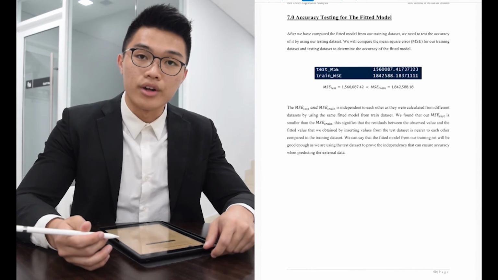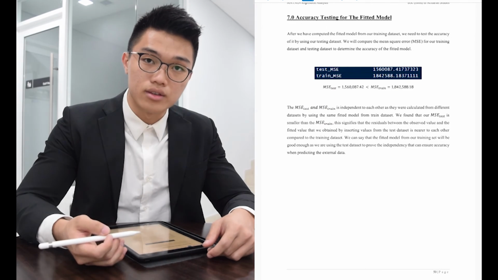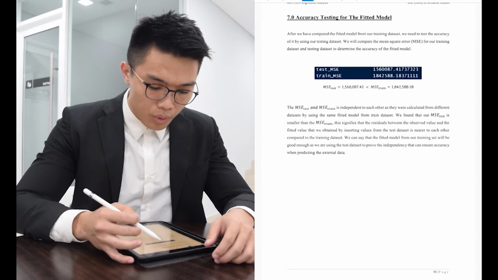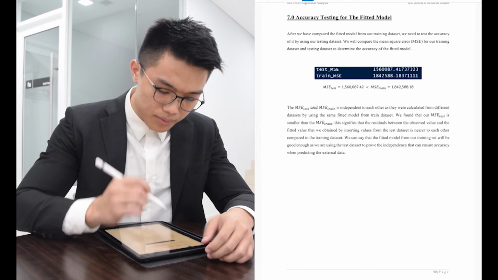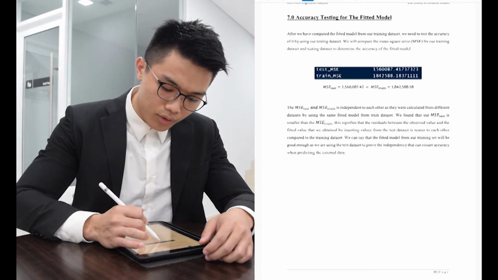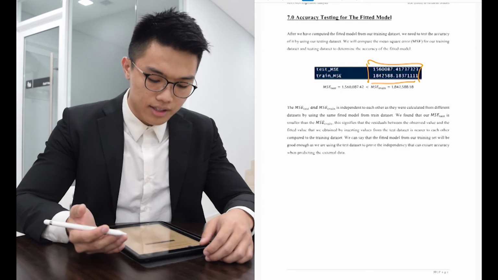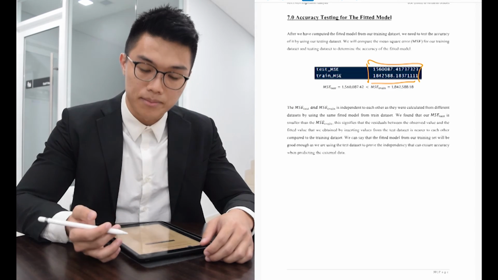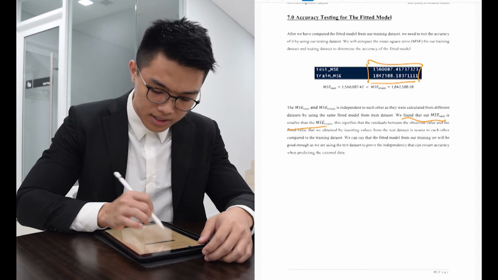Now I'm going to talk about the accuracy testing for the fitted model. To test whether our fitted model is accurate or not, we are using external data, which is the testing set. When we use the testing set for our fitted model, we found that the MSE for the testing set is 1.5 million and for the training set, it is 1.8 million. So we found that our MSE test is smaller than MSE train.